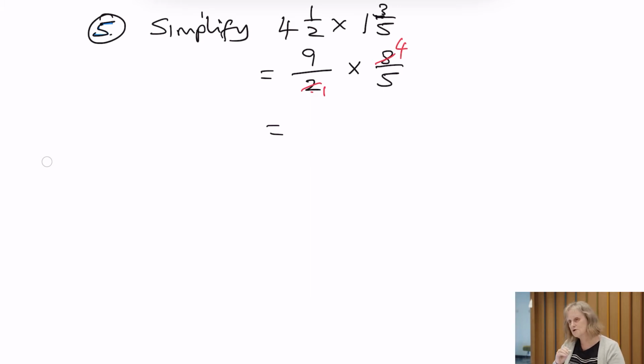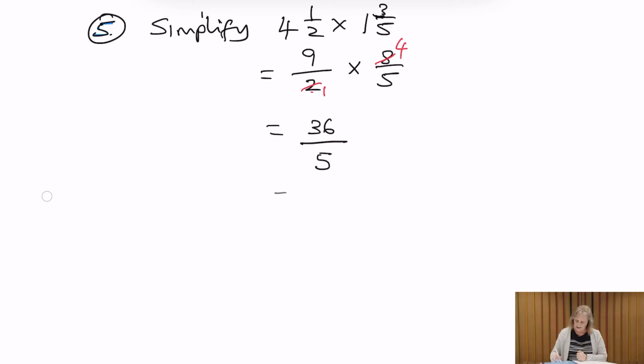So at this point, we just complete the multiplication. We multiply across the two numerators: 9 times 4 is 36, over 1 times 5, which gives us 5. Again, we could leave it as an improper fraction, but because the question had mixed numbers, it's better if we rewrite it as a mixed number, unless we were told otherwise.